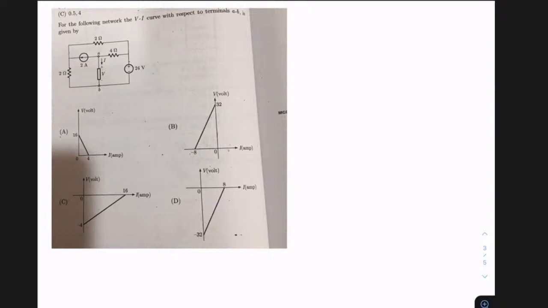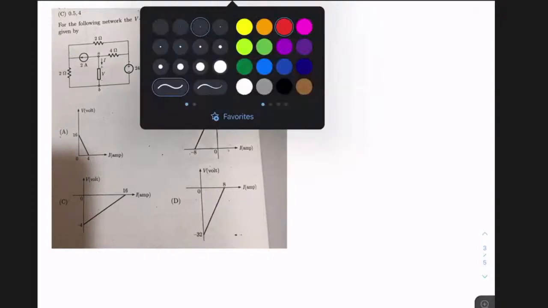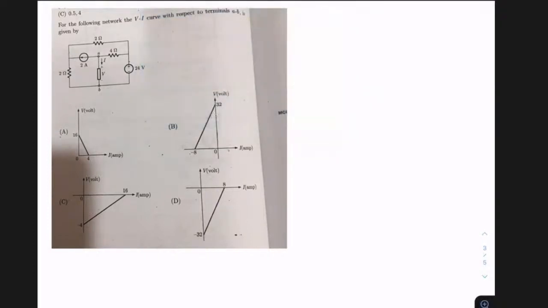So how do you deal with this? The concept behind this is something like this. As you know, if I have a circuit and to this I am externally connecting a load, the corresponding load voltage is V and the corresponding current is I. We know this particular box can be replaced by its Thevenin equivalent.